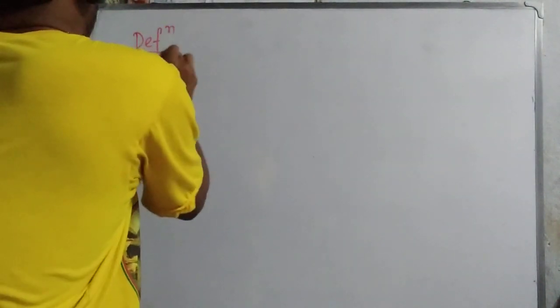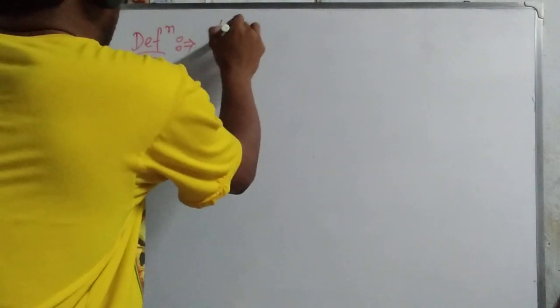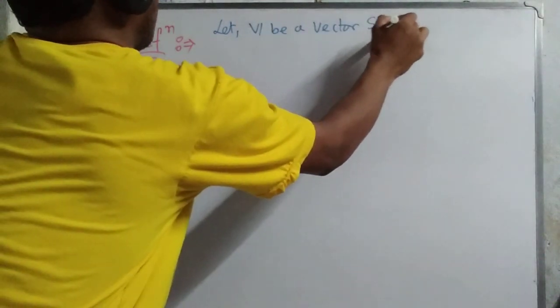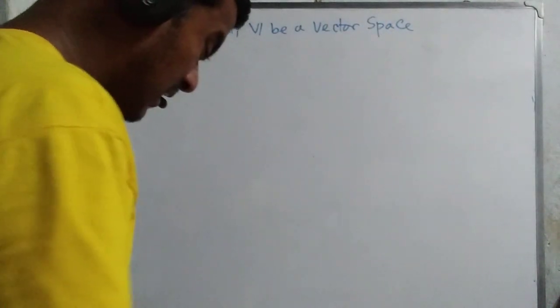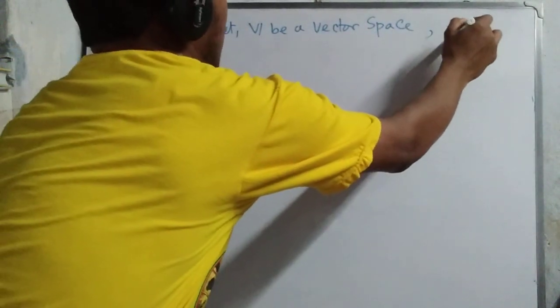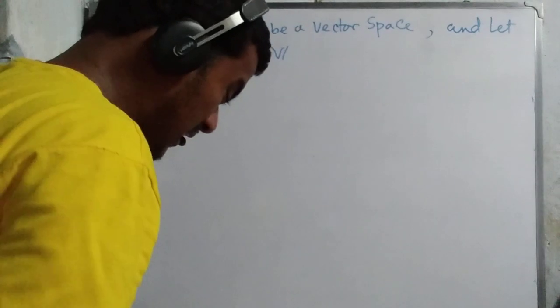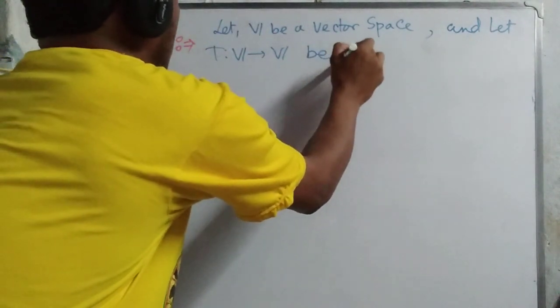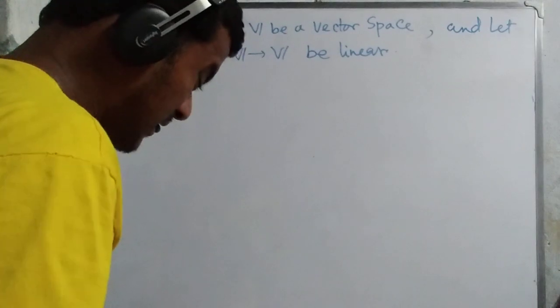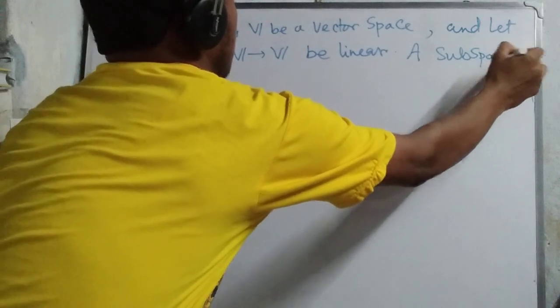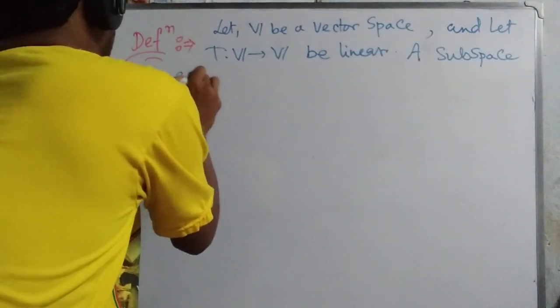We write definition. Let V be a vector space, and let T: V to V be linear.